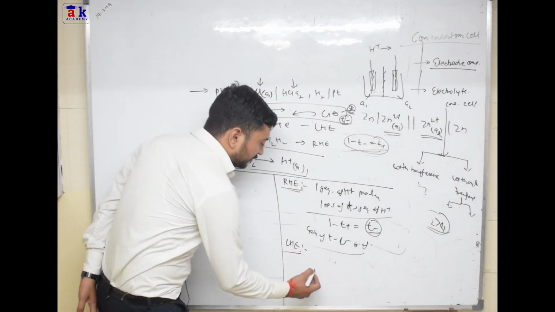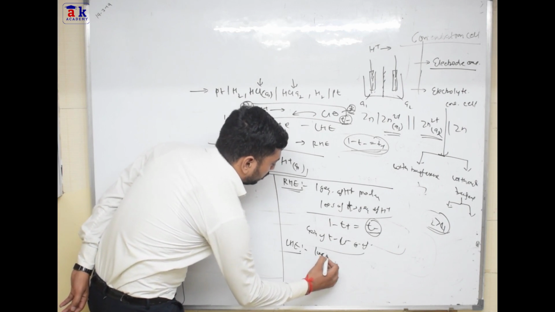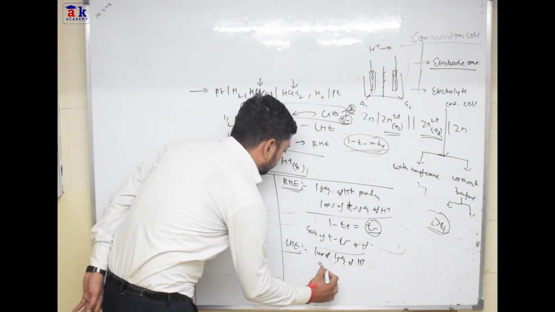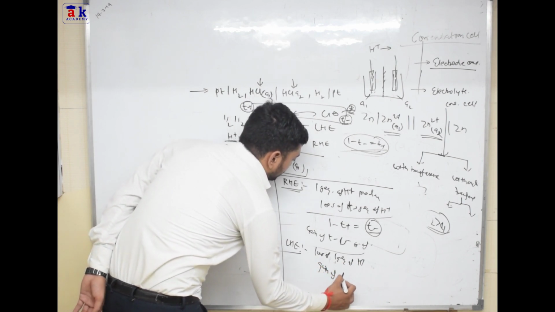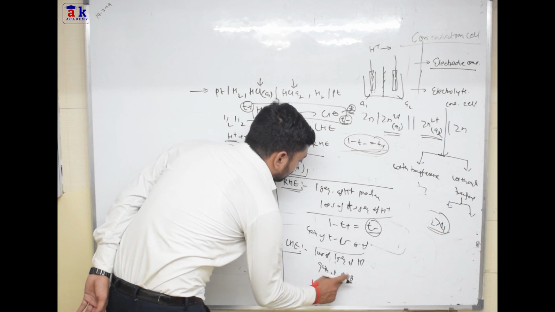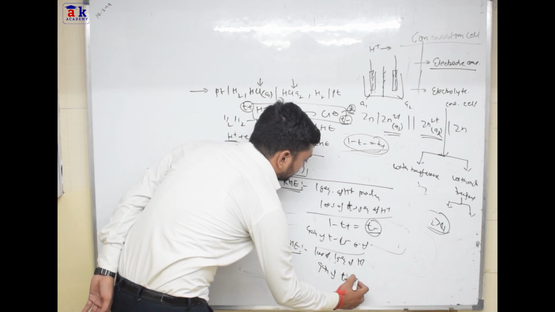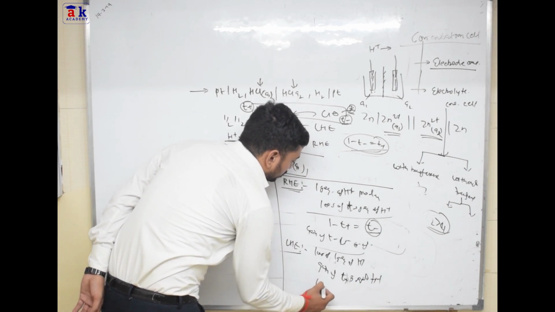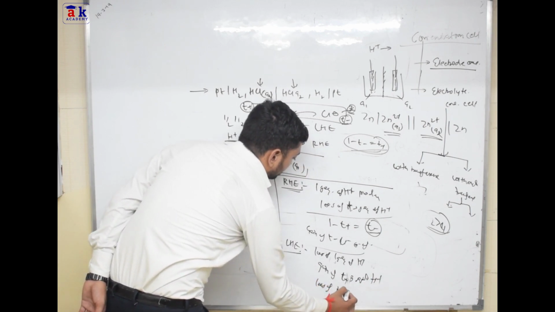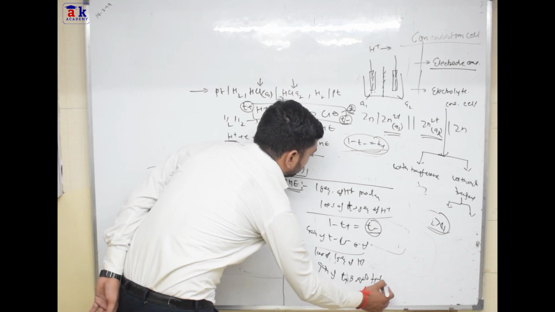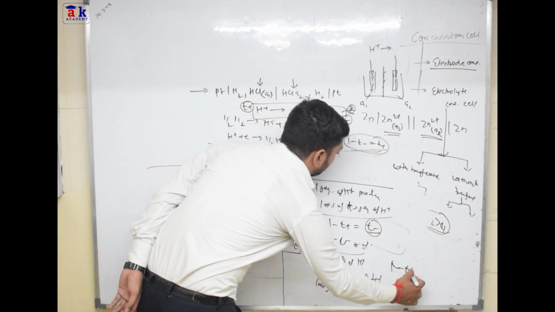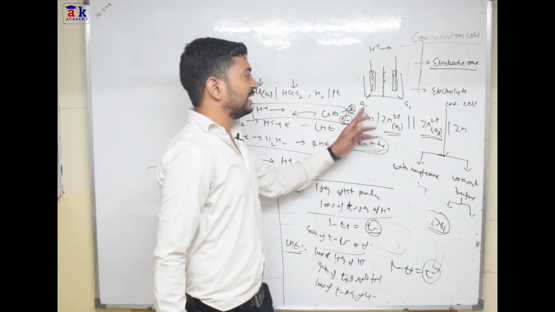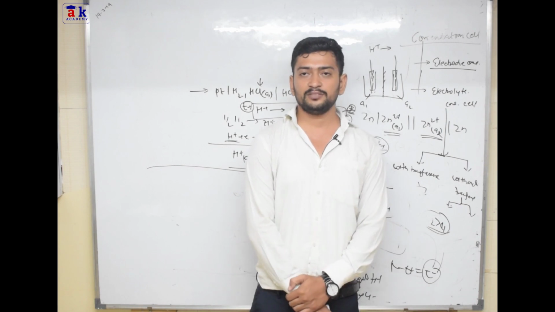Understood this much? So here we have loss of 1 gram equivalent of H plus, gain of t plus gram equivalent of H plus, and loss of t minus gram equivalent of Cl minus. So 1 minus t plus becomes t minus gram equivalent of H plus. So on both the sides, t minus gram equivalent of H plus will be there.